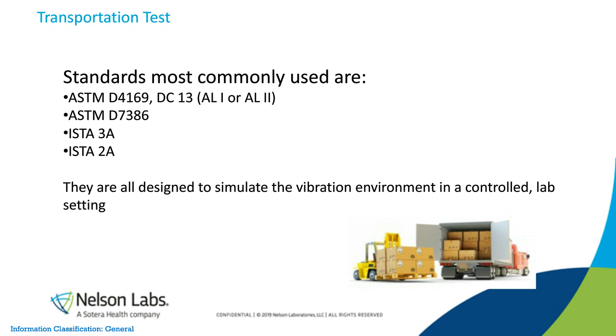Each one is slightly different in the list of hazards they simulate, how those hazards are simulated, and the intensity of challenge for each hazard. The most common distribution cycle is ASTM D4169, distribution cycle 13, and the runners-up would be ISTA 3A, ASTM D7386, and ISTA 2A.